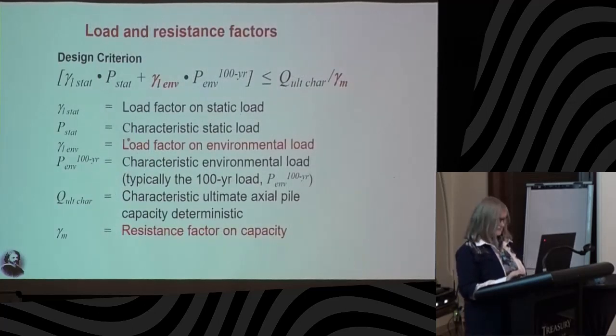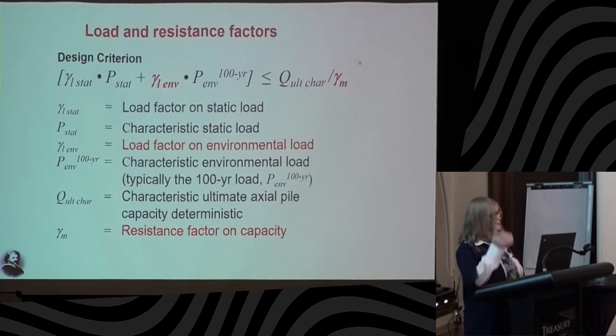And we won't go too much into the theory, but we use load and resistance factors with pile design, and it's an equation like this. These are the loads, the static load, the weight, and then there is the environmental load, which is due to the wave, and on these we apply what are called load factors, and then the sum of the loads should be less than or equal to the ultimate resistance.